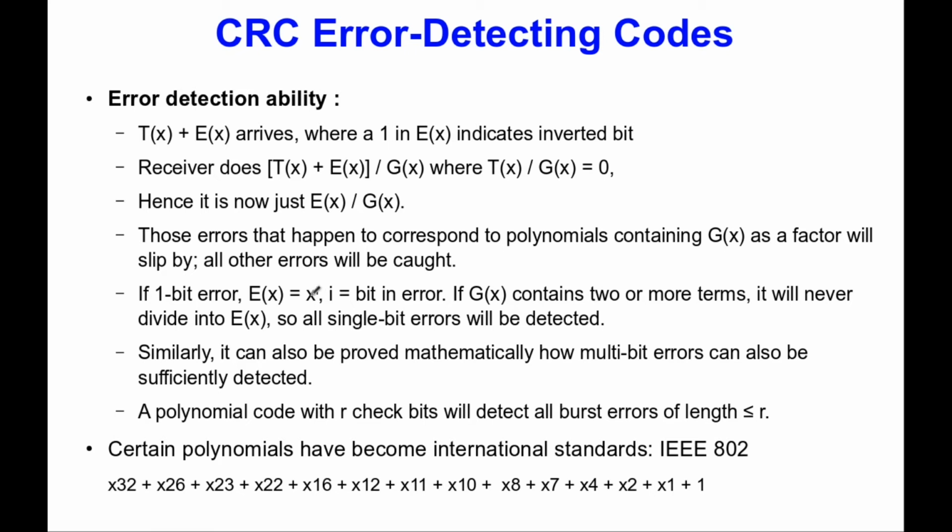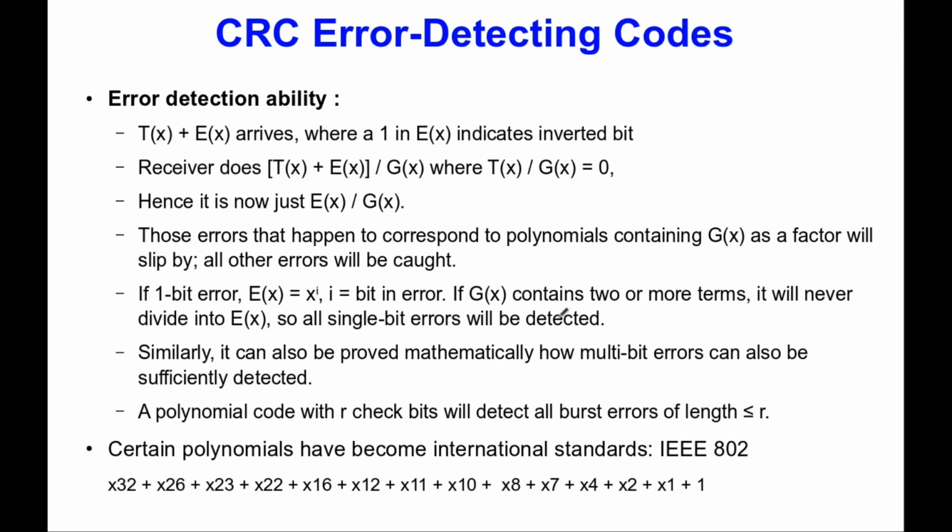So that will be any x in the overall term. Let us consider x raised to i, where i indicates which bit was in error. Here, if Gx contains two or more terms, as we have seen there, x raised to 4 plus x plus 1, there were three terms. In this case, if there was a single bit in Ex which was in error, and Gx contains two or more terms, Gx will never divide Ex completely. So all single bit errors will be detected in this way.